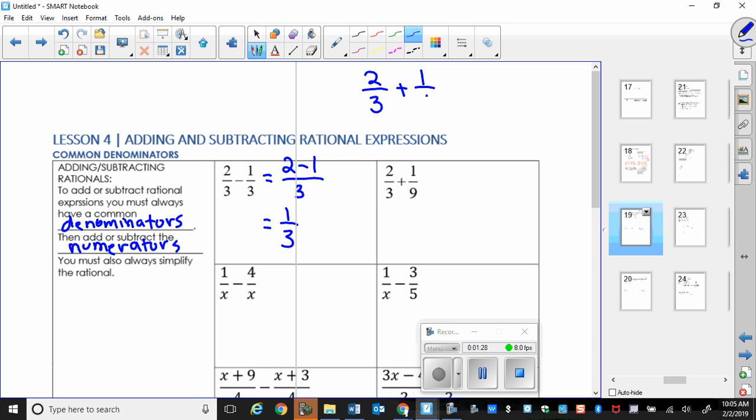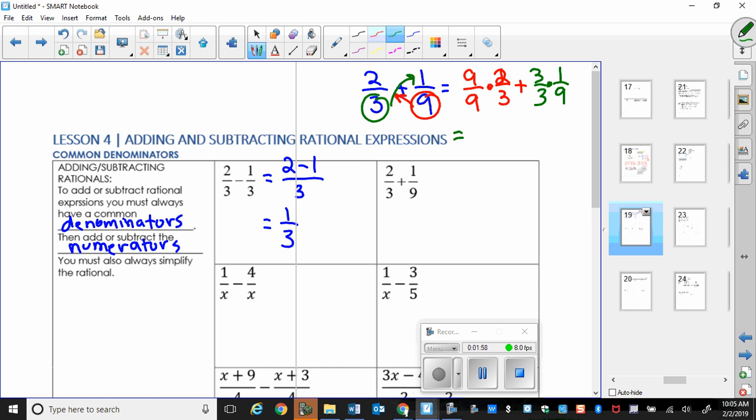You could simply do what I did before. If you can't see that 3 is a factor of 9, you could just say 9 over 9 times 2 over 3 plus 3 over 3 times 1 over 9.